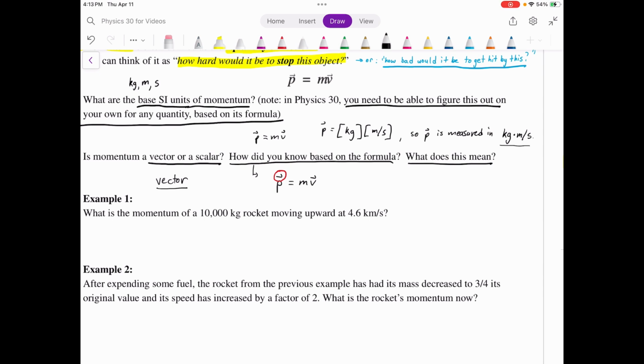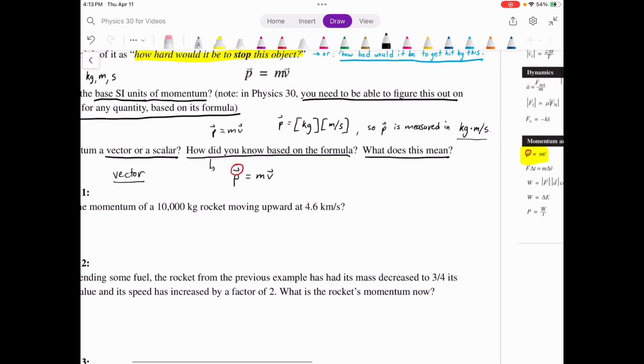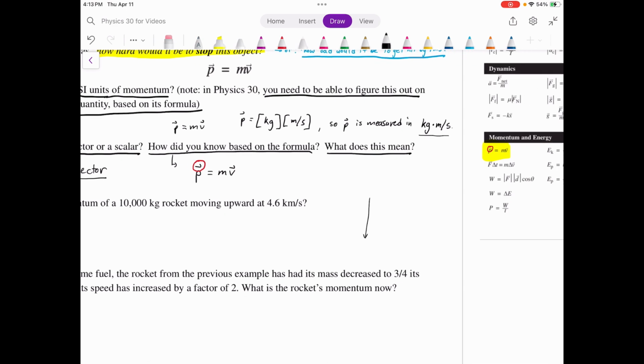I always use the example of if you drive 300 kilometers south to Calgary and then 300 kilometers north back to Edmonton, the total distance you've traveled is 600 kilometers because we're not worried about direction there, right? But the displacement you've moved through is actually 0 kilometers because the 300 kilometers to the south and the 300 kilometers to the north together are in opposite directions and they cancel each other out, right?